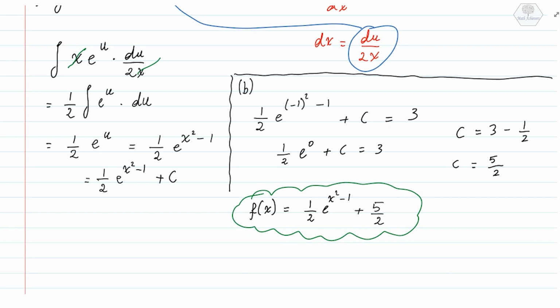If I'm having a volume, it will find me the volume by revolving that two-dimensional shape around the x-axis. And we've taken the substitution method because it's not like the derivative. We don't have what's called the product rule or the quotient rule. When we want to integrate two functions multiplied by each other, we need to use the substitution.